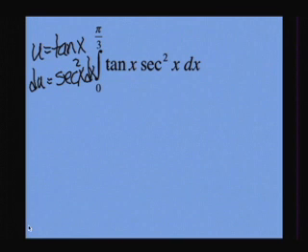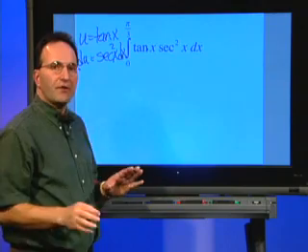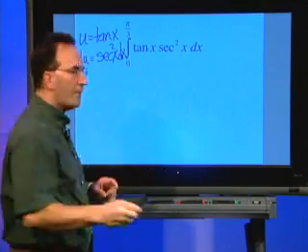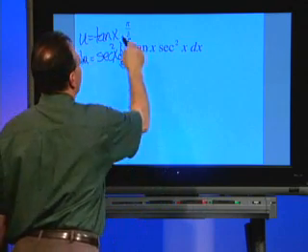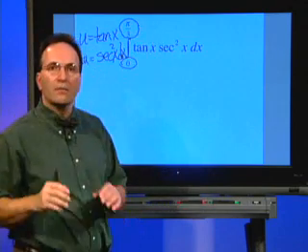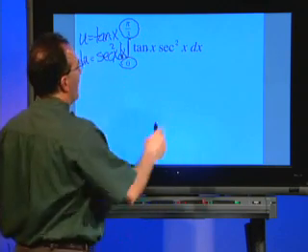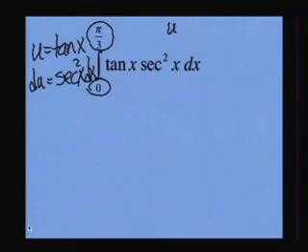Also, what that means is we're changing from x in our function to u, so I'm also going to change our bounds. And the way we do that is we now say, okay, I want to evaluate u at 0. And u of 0 is tangent of 0, which is 0.